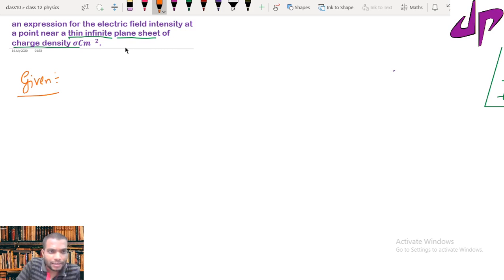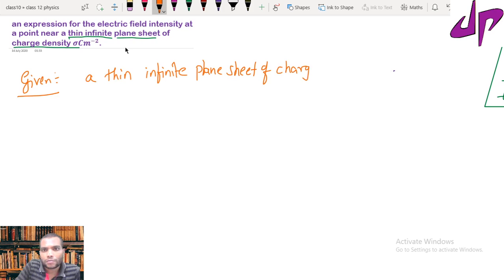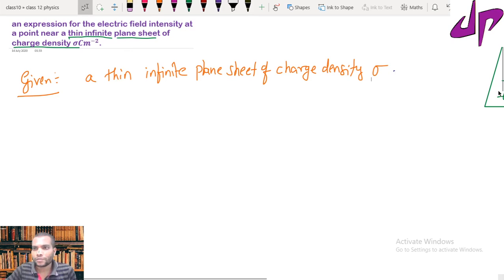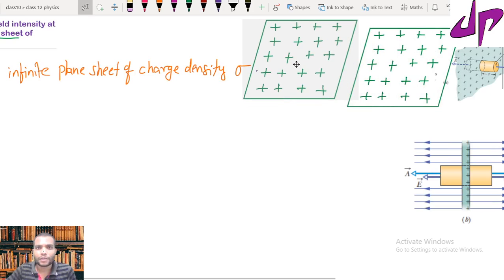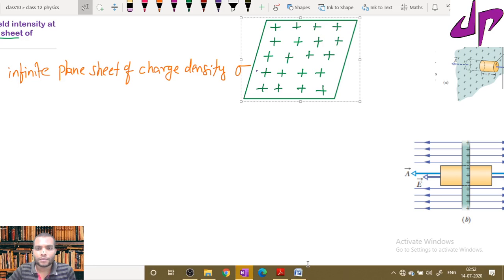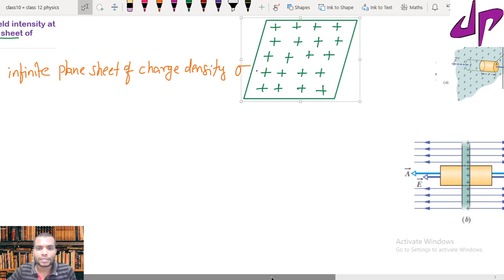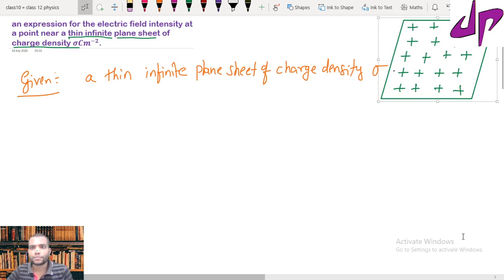Given that a thin infinite plane sheet of charge density sigma. Suppose if I wish, I would like to show in a figure, yeah, this is the setup which is given: an infinite plane sheet of charge density sigma.